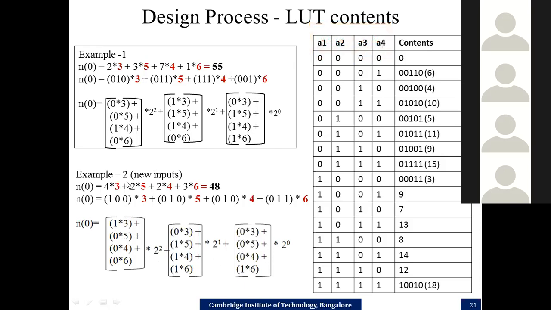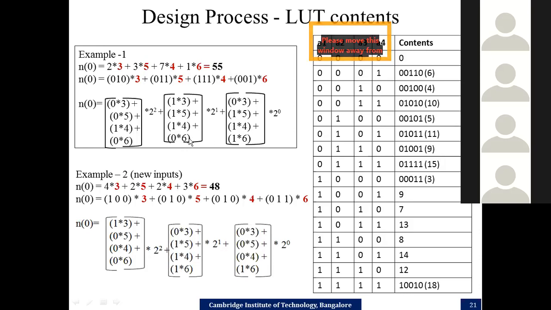Since there are 4 operands, the binary combinations can be 0000 and go up to 1111. So there are 16 possible values of your inputs. But in example 1 and example 2, we are able to see only 8 or 6 possible combinations. But it could be any of the 16 possible combinations.